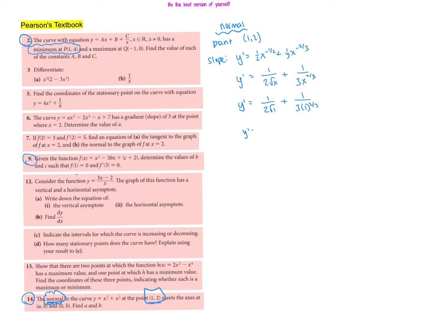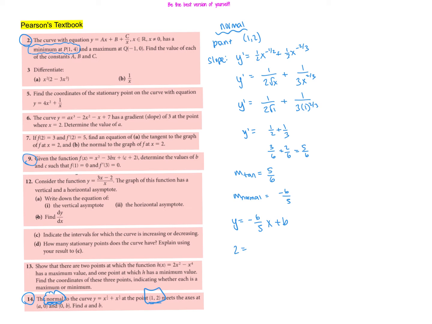Thank goodness, they're always so nice to us. So we have 1/2 plus 1/3, that would be 3/6 plus 2/6 is 5/6. Okay, so the slope of the tangent is 5/6, which means the slope of the normal is negative 6/5. So I have y equals negative 6/5 x plus b.